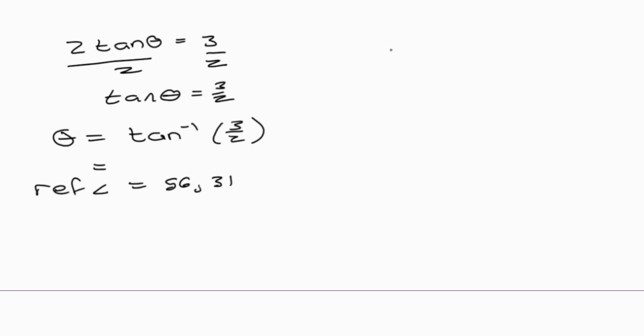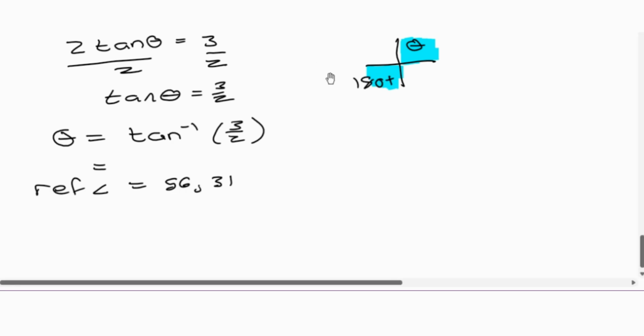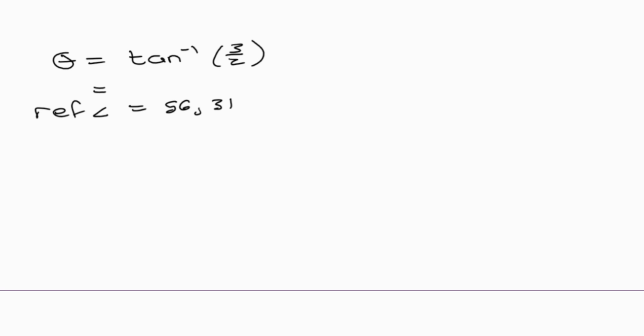Then if you look on our little CAST diagram, we know that tan is positive here in the third quadrant and tan is positive here in the first quadrant. In the first quadrant, we can just leave theta as is, and then in the third quadrant, we say 180 plus to reduce it.